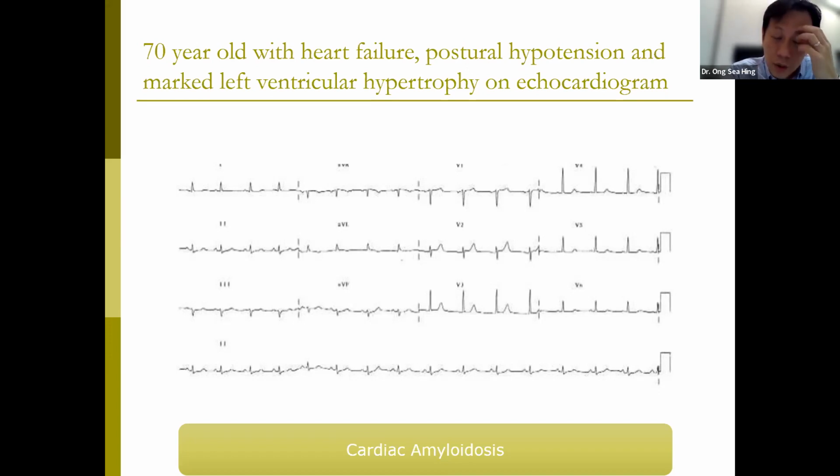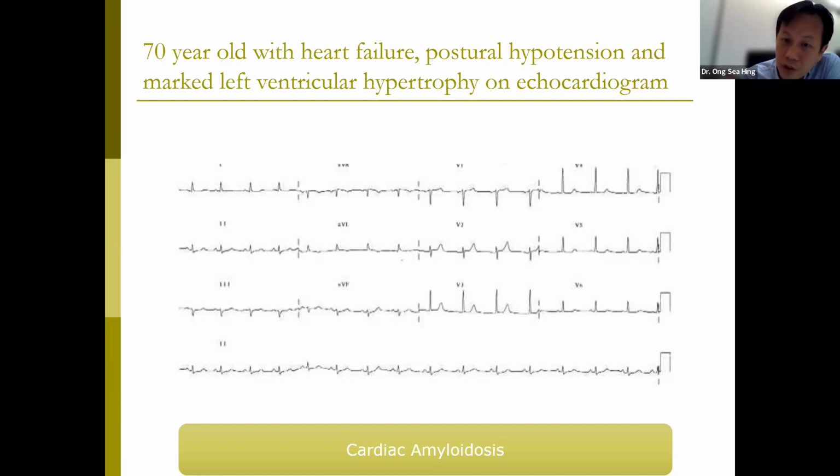Amyloidosis also sometimes affects the autonomic nervous system, and therefore these patients have lowish blood pressure and postural hypotension. So when you see postural hypotension, left ventricular hypertrophy on echo, and no left ventricular hypertrophy on ECG, then you have to think about cardiac amyloidosis.